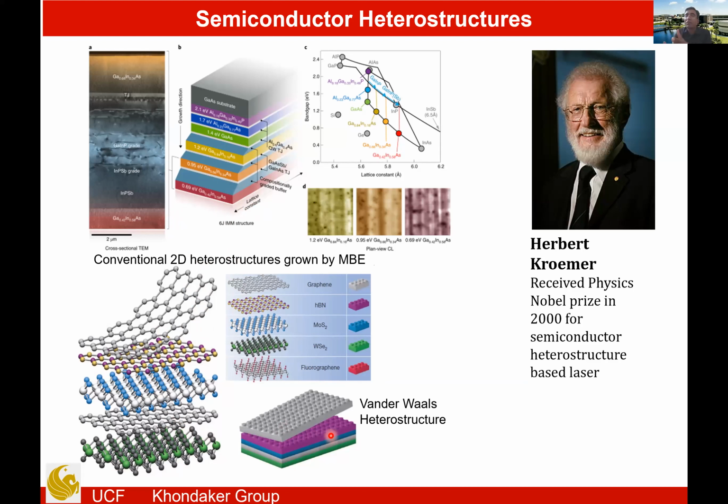Because it's a weak van der Waals interaction, and you can just put them together and they will have the heterojunction properties that you expect. So that's why it's a designer paradise for designing materials and devices that you could not have thought of. Moreover, these heterostructures could be completely flexible and ultra thin.